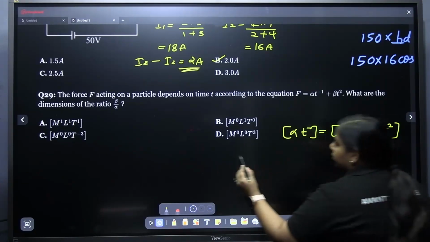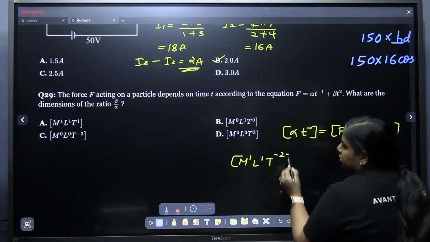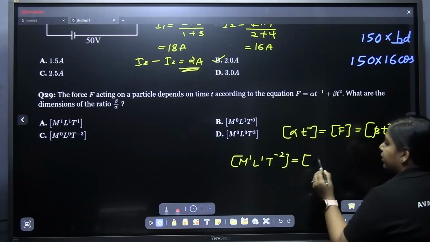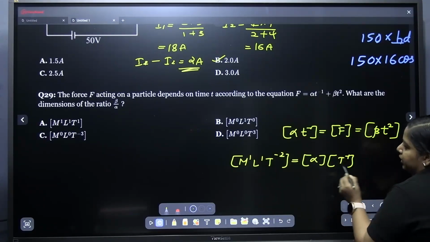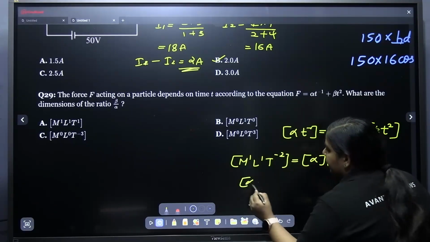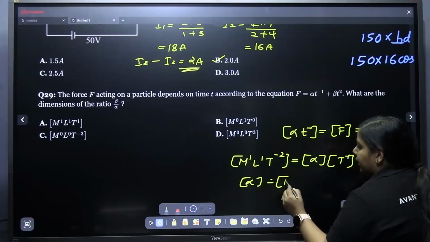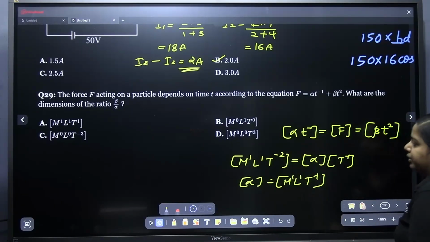Dimension of F is equal to M1 L1 T minus 2, that is equal to dimension of alpha into T minus 1. When you cancel this, dimension of alpha you will get as M1 L1 T minus 1.